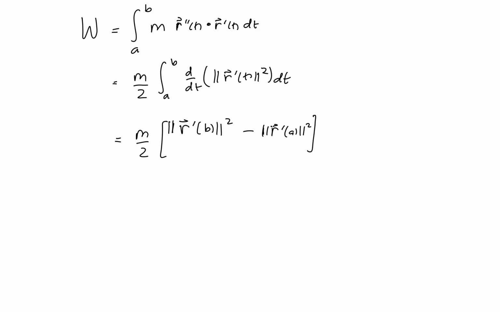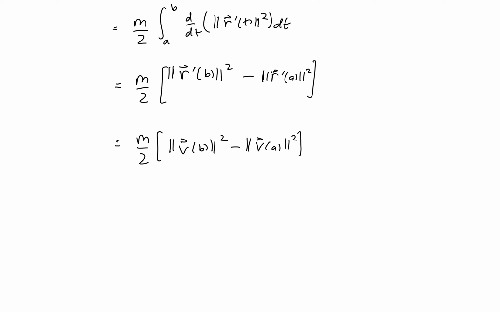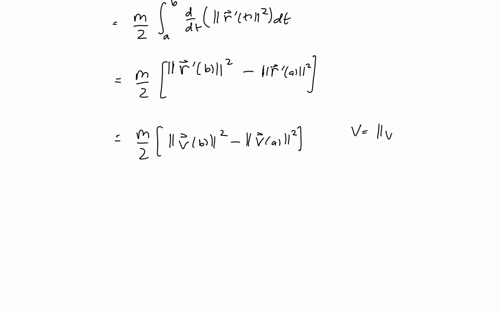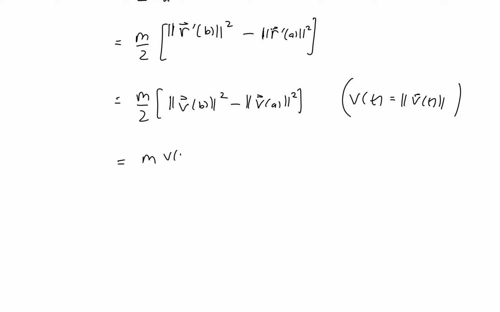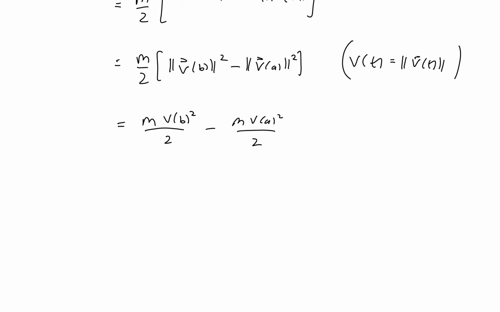Really this is the magnitude of the velocity at b squared minus the velocity at a squared. If we let v of t be the magnitude of our velocity vector, then this becomes m v of b squared over 2 minus m v of a squared over 2. If you've had elementary physics, this should look fairly familiar. This is just the change in kinetic energy.